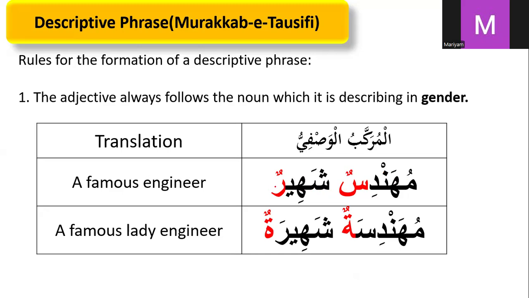Now analyze that they have the same pattern. There is no al, so the adjective doesn't have al. The noun ends with tanween, so the adjective also ends with tanween. The second one is muhandisatun. Now this is my feminine noun, so I have used a feminine adjective by adding ta marbuta: shahiratun.